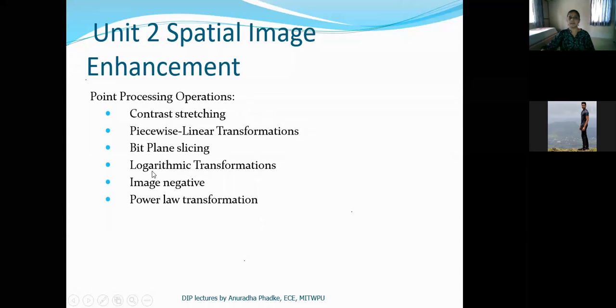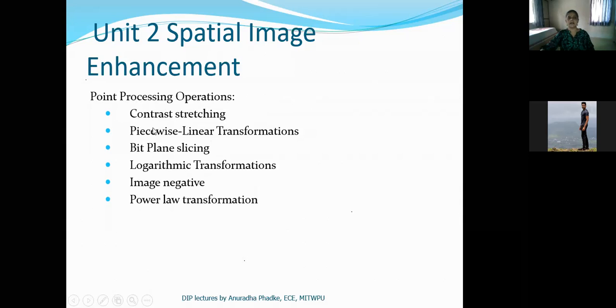There are many image enhancement operations which are under the domain of point processing operations, and we are going to have a look at a few of these.